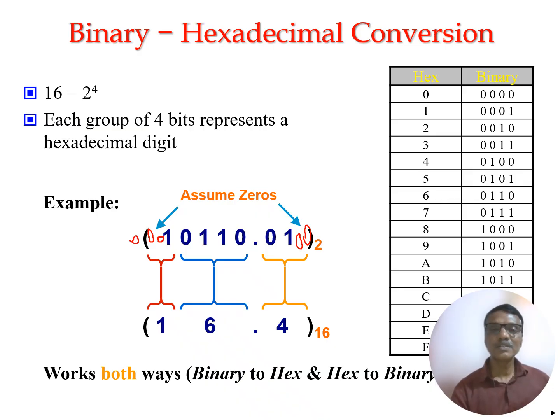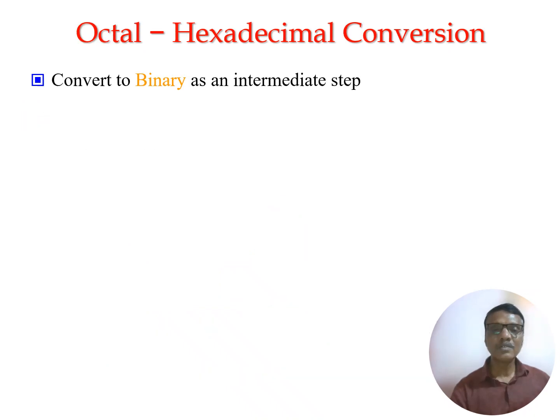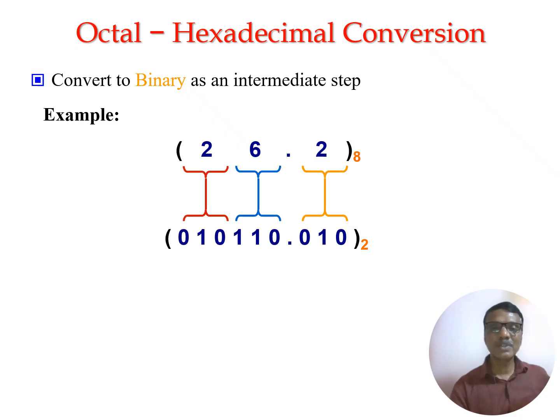So okay. Now intermediate conversion, octal to hexadecimal. That means octal to, first we need to convert to binary. This is the given octal number, so its equivalent binary values.